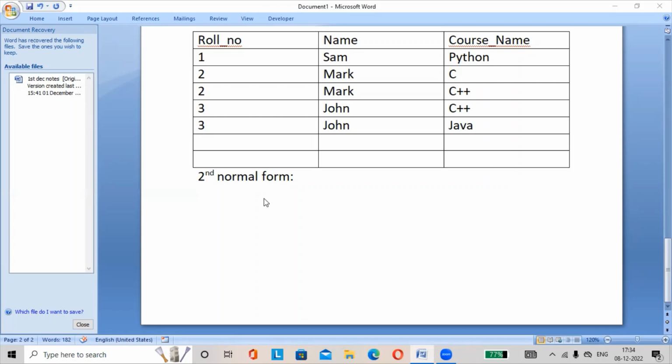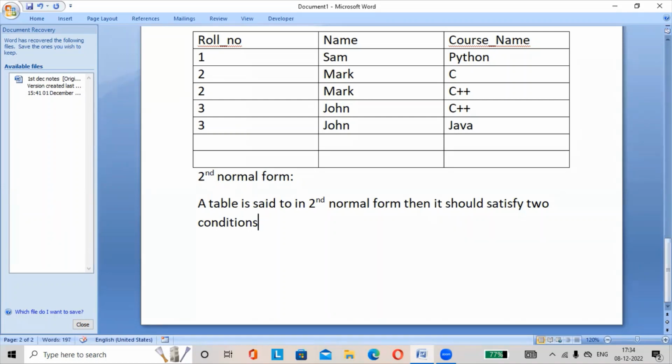A table is said to be in second normal form, then it should satisfy two conditions, or rules.